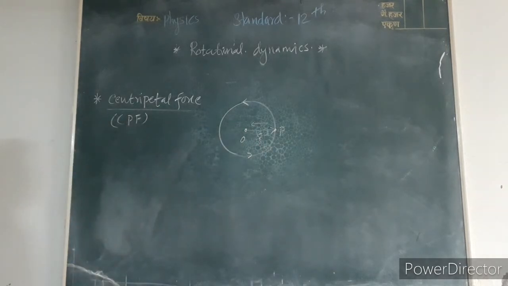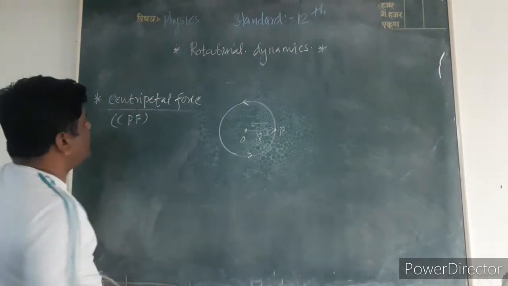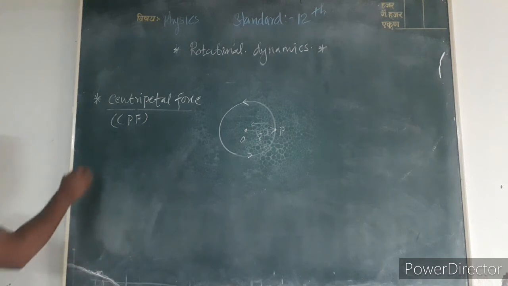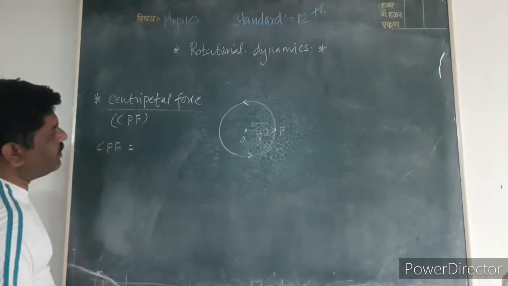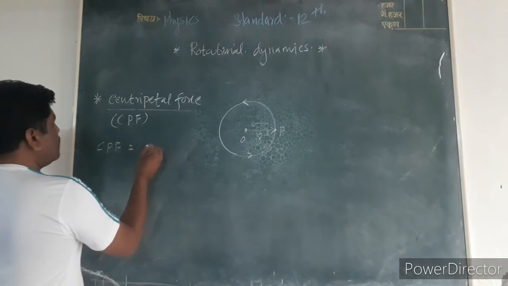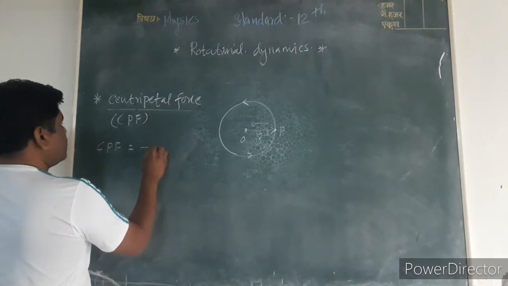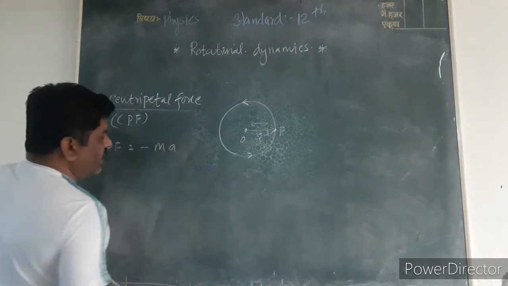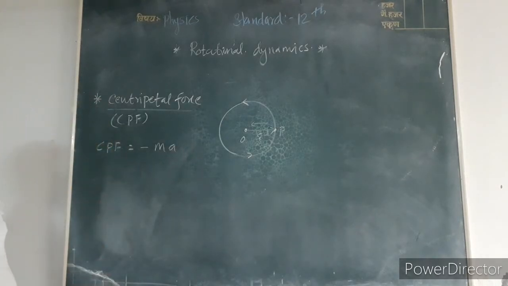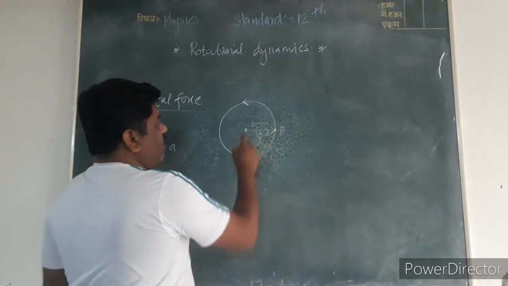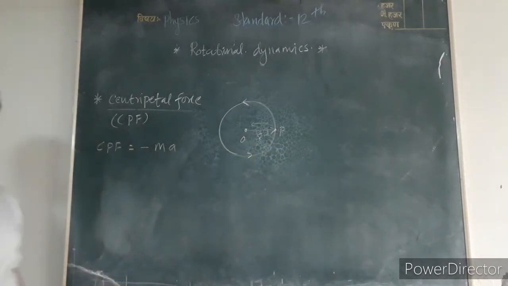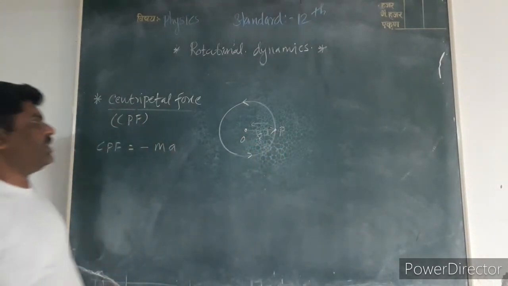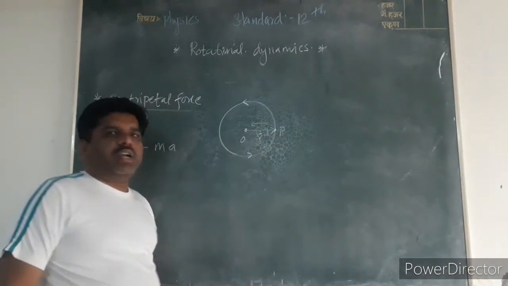Then this centripetal force CPF is given as minus m into a, where the negative sign indicates that this force is from the particle to the center of the circle, that is, opposite to the radius vector.